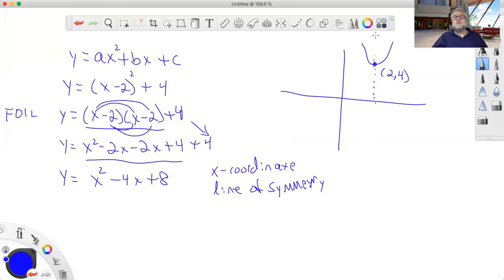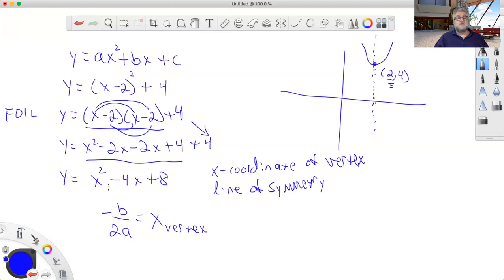So here's the line of symmetry, where if I fold the curve along that line, it's going to match up with the stuff on the other side. And the way we find the line of symmetry, the x-coordinate of the vertex, which is this one here, is I do minus b over 2a. That gives us x for the vertex.